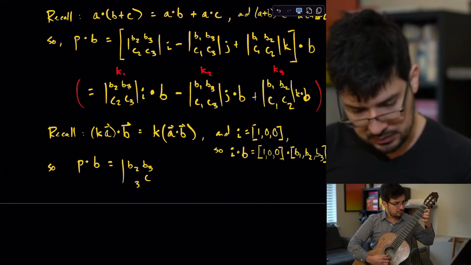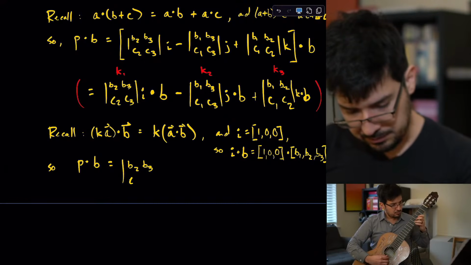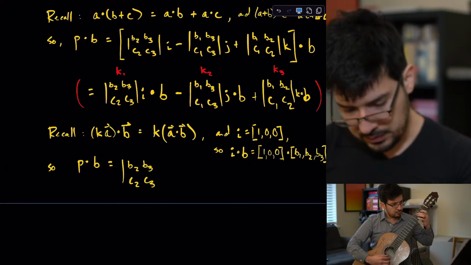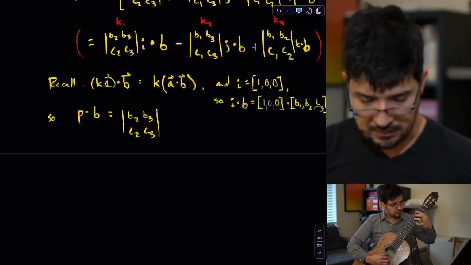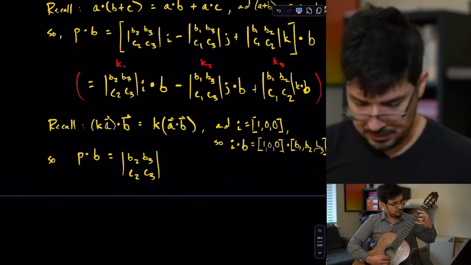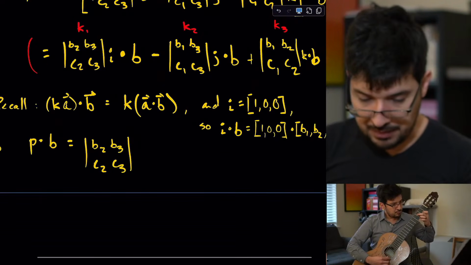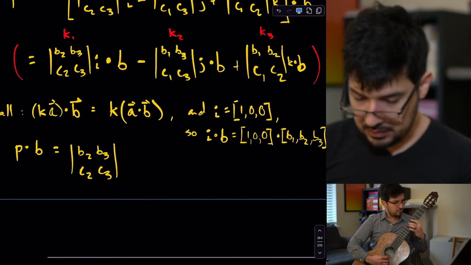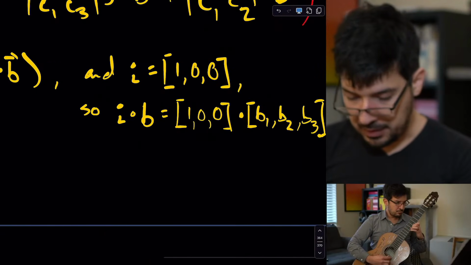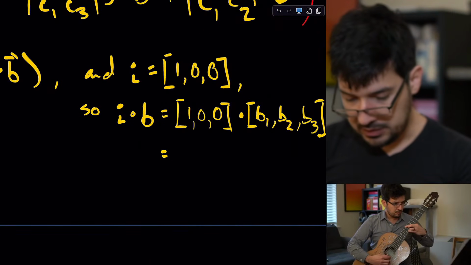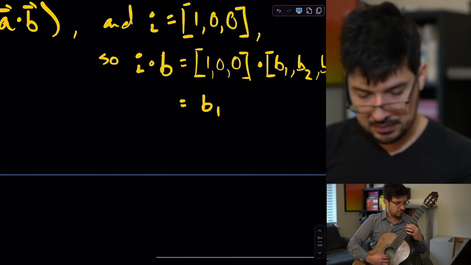This one should be C2, C3. Yeah. Now that's fixed. So, I dot B is the dot product of these two, which is just B1.